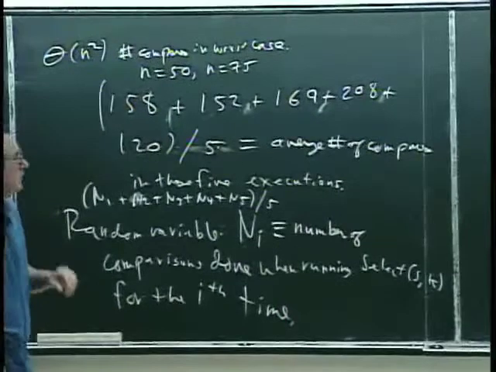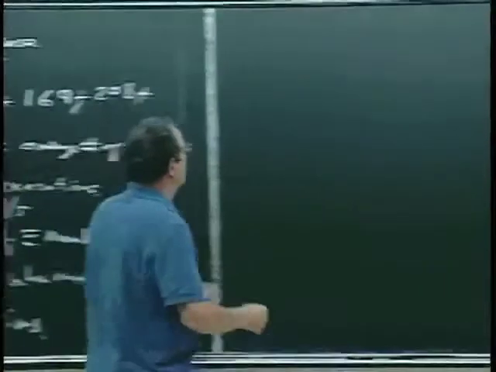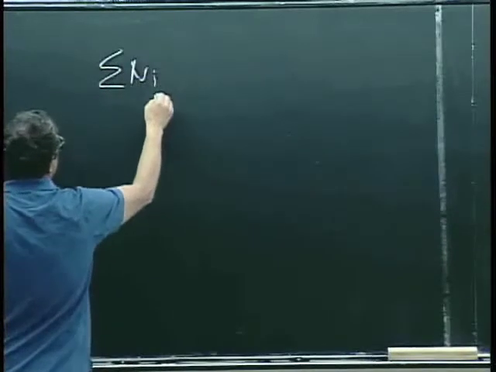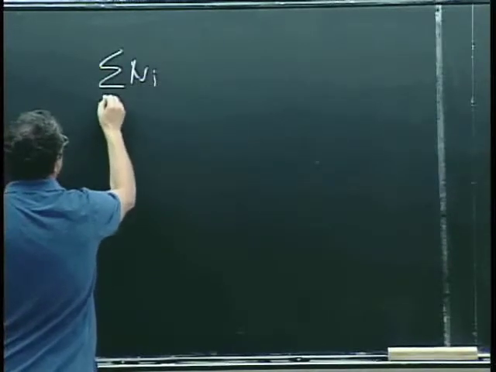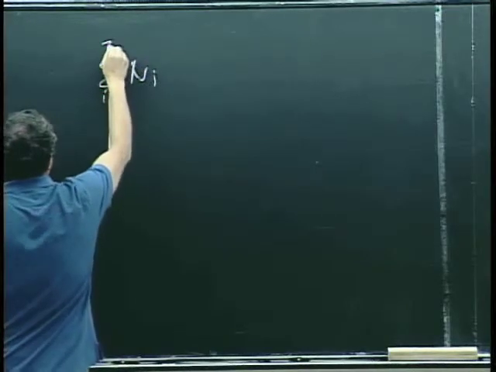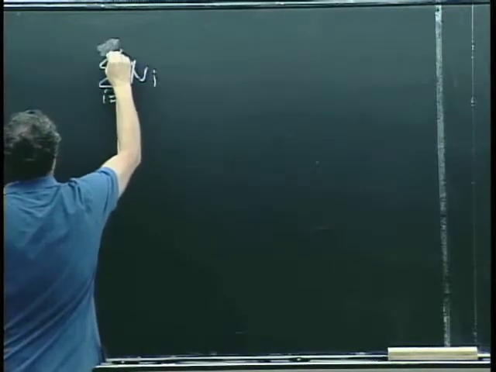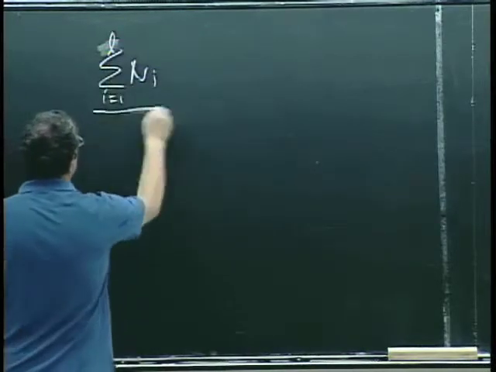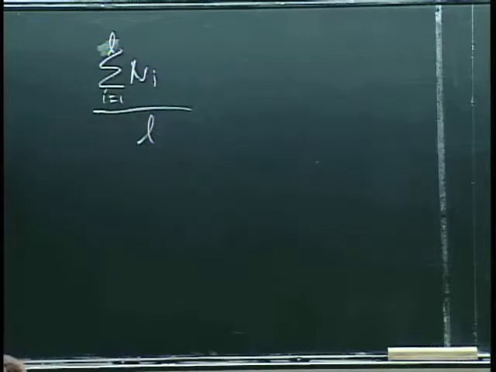Okay, so now what happens if we take the sum of Ni, i equals 1 through L, divided by L? That's the average number of comparisons that are done if you do your experiment L times.